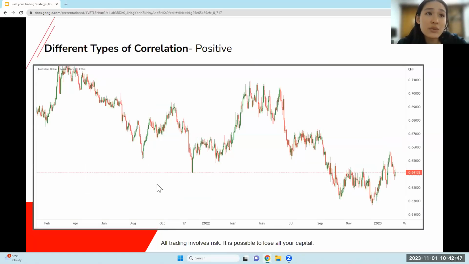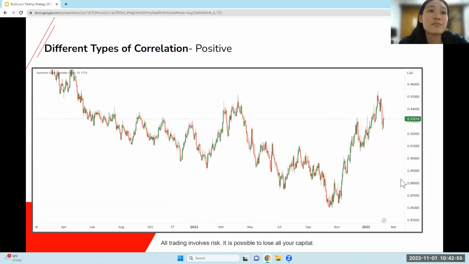So in this first chart, we're looking at AUDCHF, and this is what the chart looks like at that time in the 1 day time frame. And this is what the AUD chart looks like, also in the same time frame. So it's important that you use the same time frames to compare.